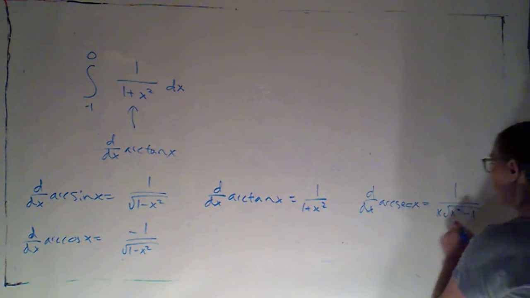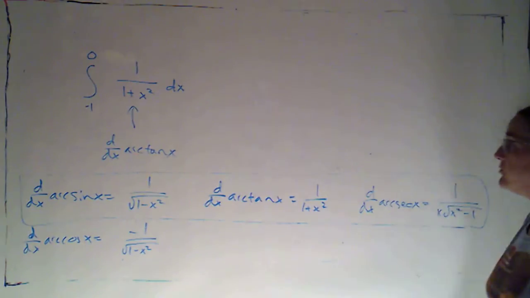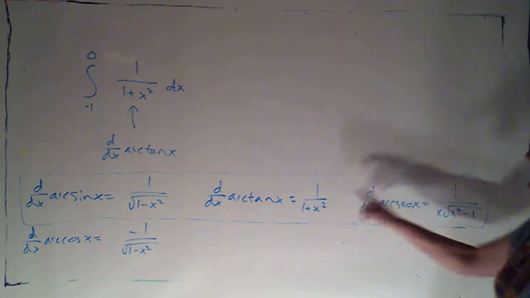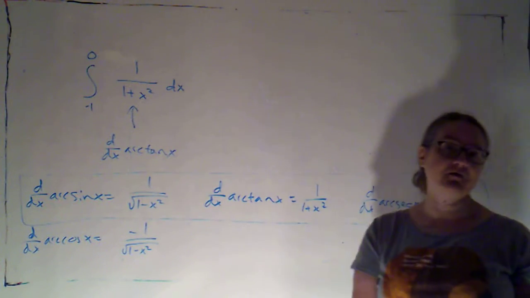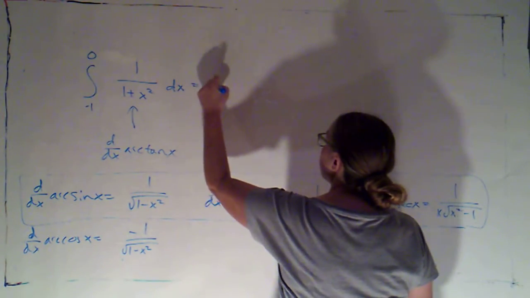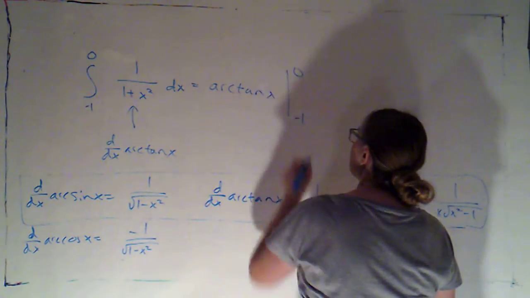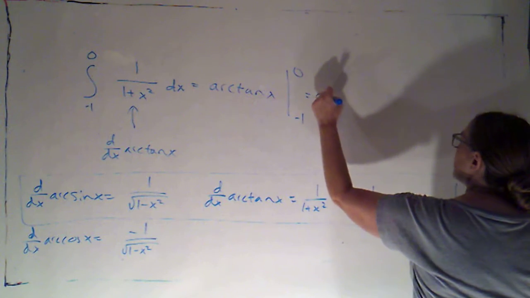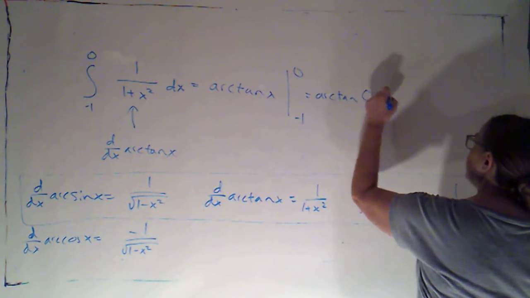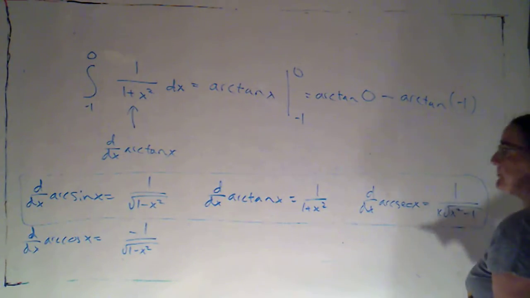So if you know these 3, those are the 3 that will allow you to integrate expressions that involve those formulas. So here, I would just say, oh, well, that's arctan of x evaluated between 0 and negative 1. So that's arctan of 0 minus arctan of negative 1.